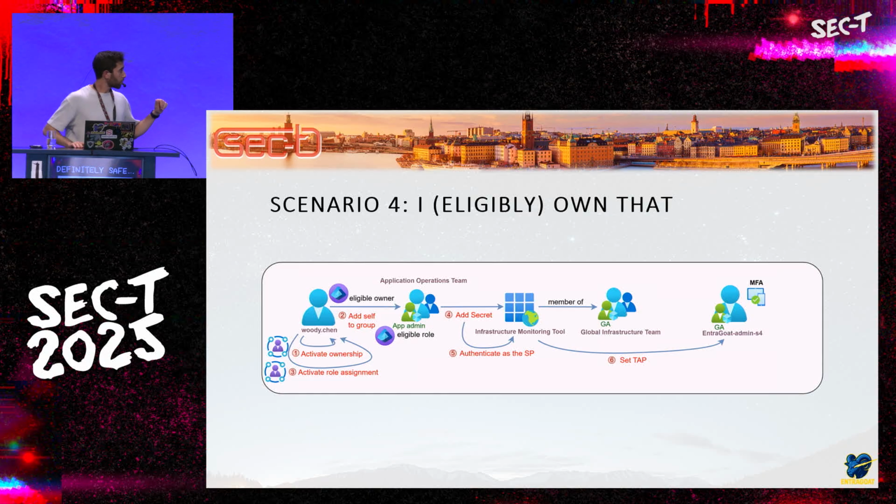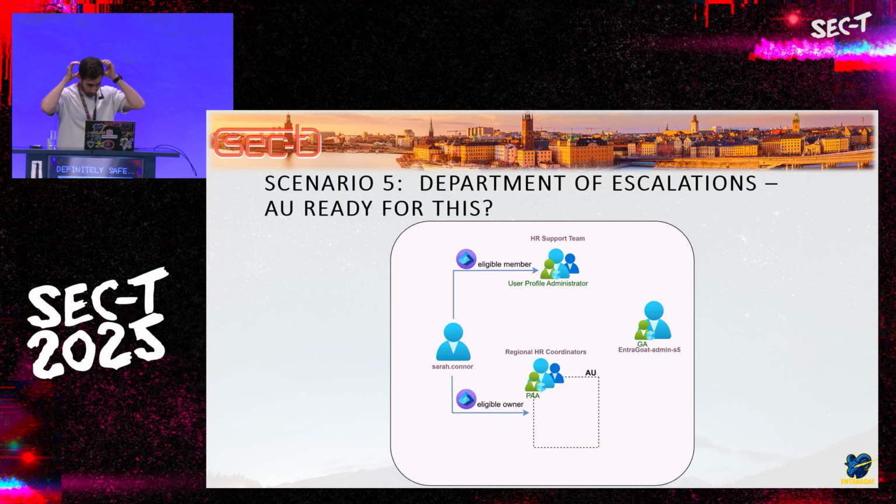So scenarios number 1, 2, and 3 are beginner-friendly. Scenario number 4 is a bit more advanced, but scenarios number 5 and 6 are much more advanced. So this is scenario number 5, and we did see that in our customer environment, in which you're not assigned a group with strong permission over the whole directory, but rather you are assigned a group with strong permission over a specific administrative unit.